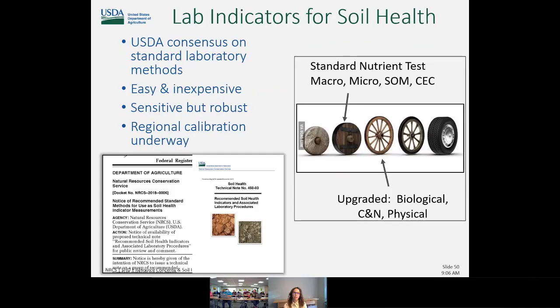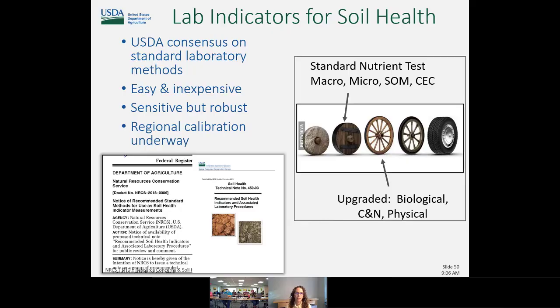So we also can assess soil health using lab indicators, and the 2019 release of the technical note with recommended soil health indicators and associated lab procedures outlines the recommended indicators and the methods that are also recommended for analysis.